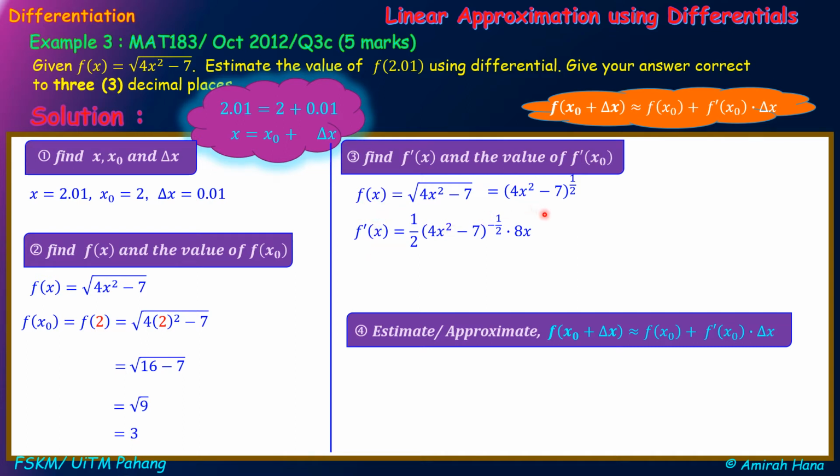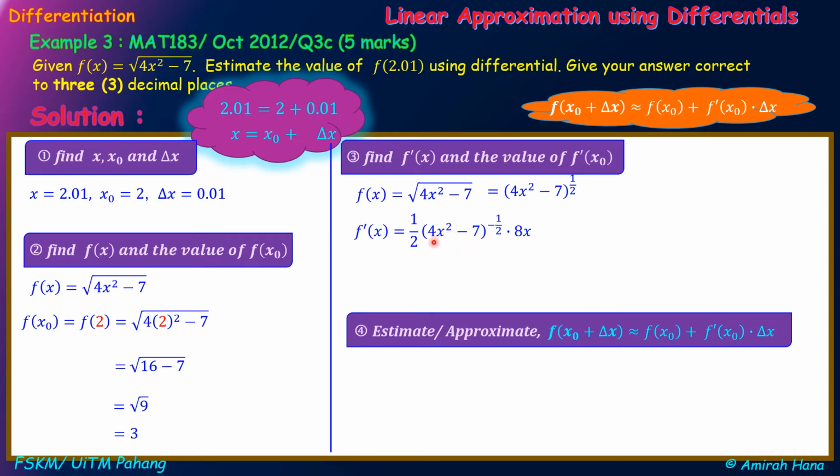We differentiate the bracket to the power of half using the generalized power rule: we move the power to the front, copy the function in the bracket, which is 4x squared minus 7, and subtract 1 from the original power. So half minus 1 equals negative half. And after that, don't forget to differentiate the function inside the bracket.